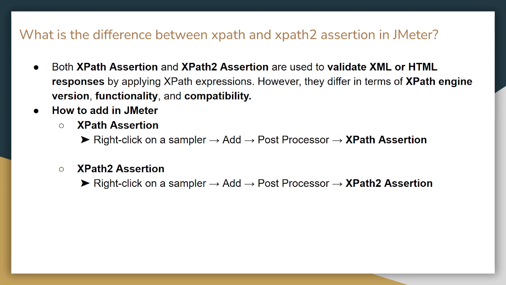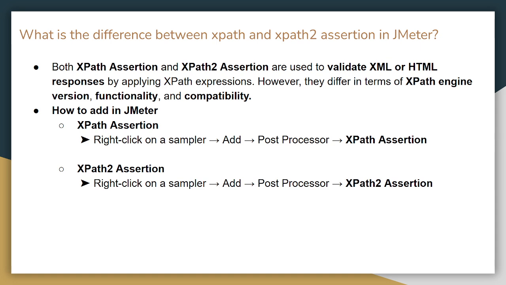And now the question is how to make sure that the XML or HTML is actually being read. You can make sure the response is XML or HTML, and we need to enable reading the response as a document in JMeter. Now in summary, the XPath version is 1.0 and XPath 2 is 2.0.